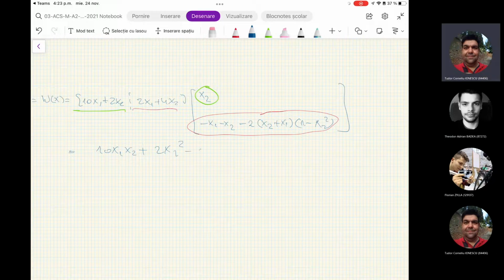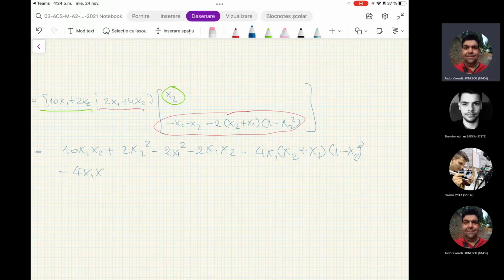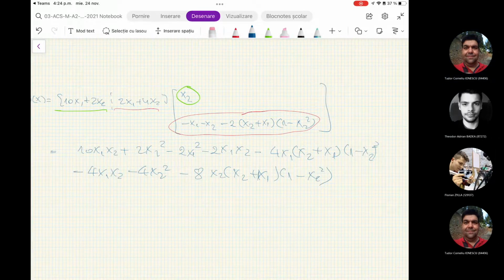So minus 2x1 squared minus 2x1x2 minus 4x1x2 plus x1 times 1 minus x2 squared. Okay, plus minus 4x1x2 minus 4x2 squared minus 8x2 times x2 plus x1 times 1 minus x2 squared. So we have to assess this quantity. God forbid.